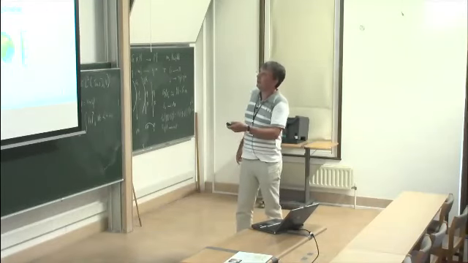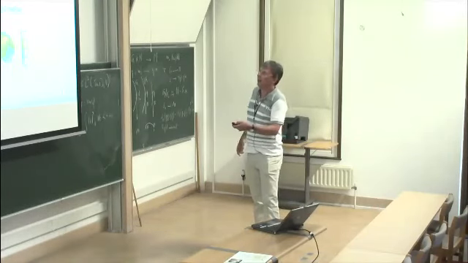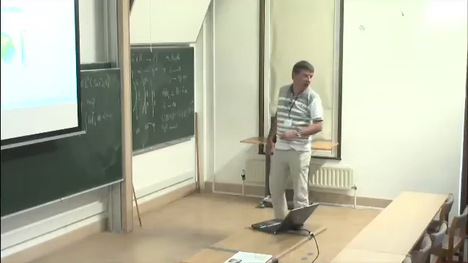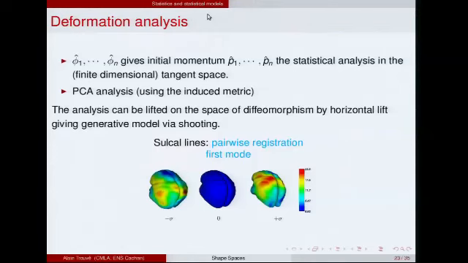Here, this is the first mode. We go one sigma in one direction, one sigma in the other direction. This is the mean cortex, and we have different deformations here. Okay, so this is based on pairwise registration.